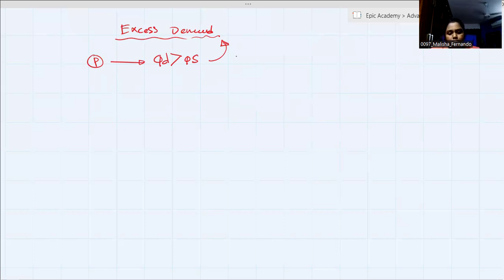So you have to identify that excess demand always creates a shortage of commodities. Shortage means the supply is not enough to fulfill the entire market demand. That's the meaning of shortage. So it creates different types of problems.